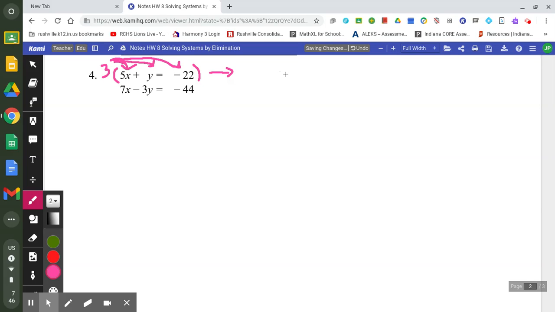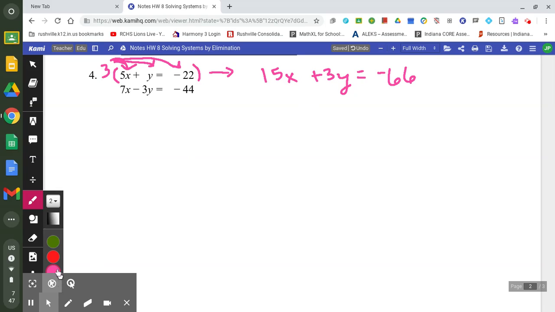So 3 times 5x is 15x. 3 times y is plus 3y equals 3 times negative 22 is negative 66. My bottom equation stays the same. So 7x minus 3y equals negative 44.